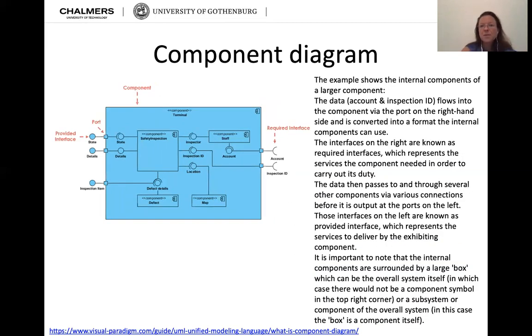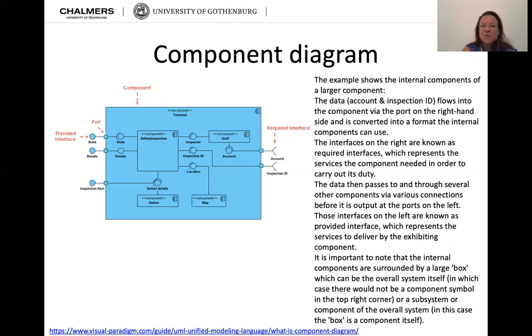So this example here shows the internal components of a larger component. The data, the account and inspection ID, flow into the component via the port on the right-hand side and are converted into a format that the internal components can use. So we read this diagram starting from the right.